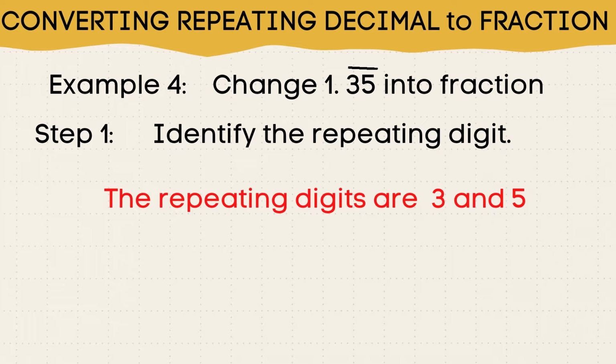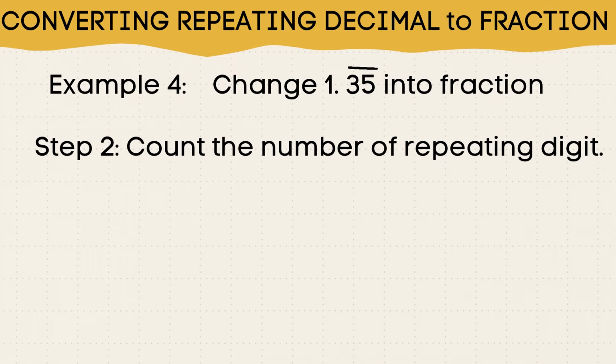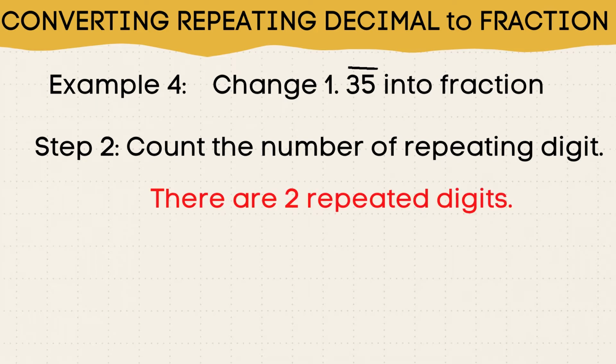If the repeating digits are 3 and 5, how many digits are repeated? Very good. So we have 2 repeated digits.